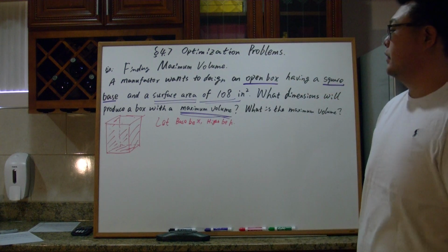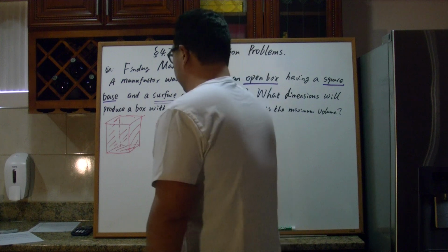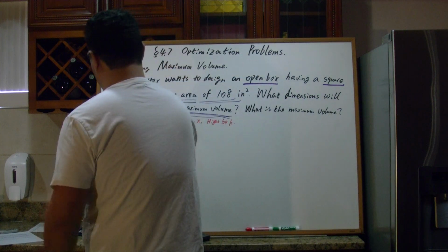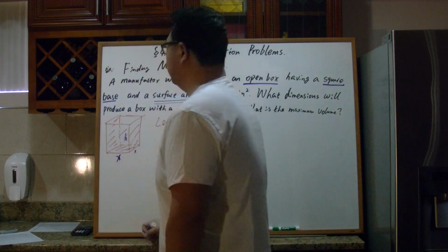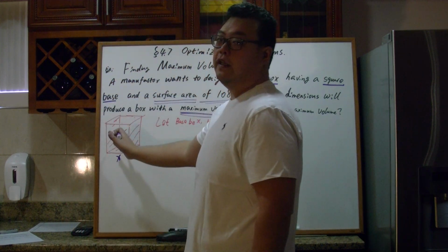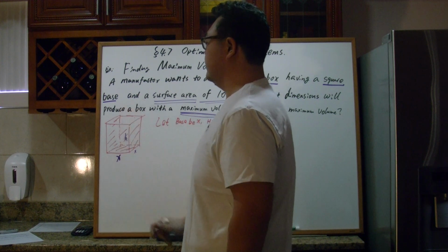That's the starting. We have one base and four sides. The base is x, the height is h. So we have four sides of rectangle and one side of base. The top is open.